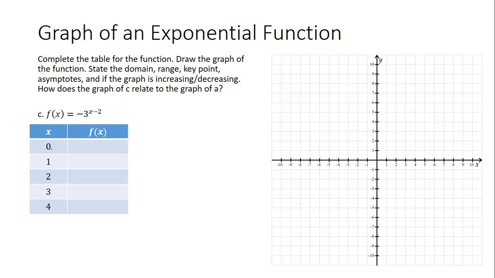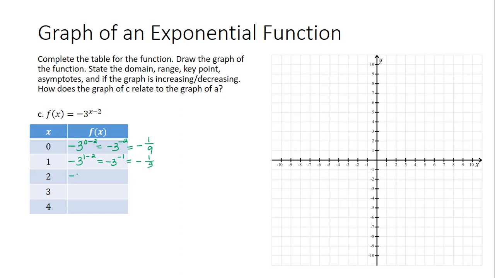If we plug in 0, we would get the opposite of 3 to the 0 minus 2, which is the opposite of 3 to the negative 2, which is negative 1/9. When we plug in 1, we get negative 3 to the 1 minus 2, which is negative 3 to the negative 1, or negative 1/3.